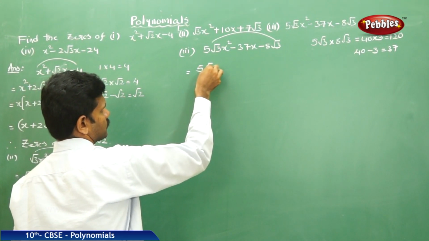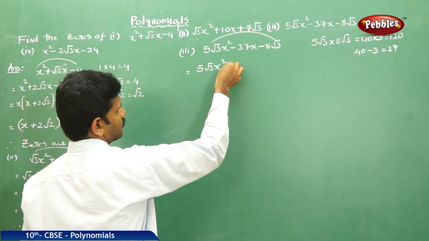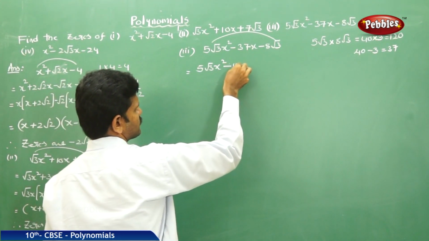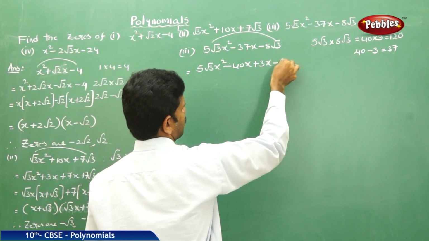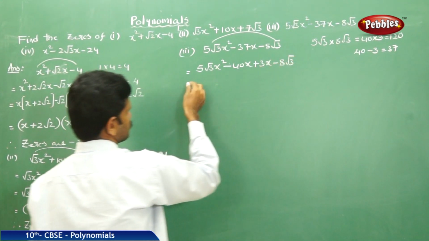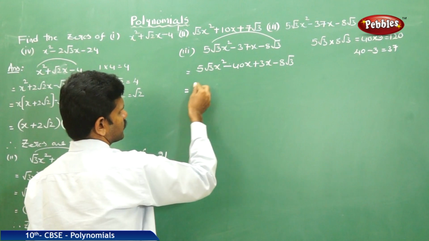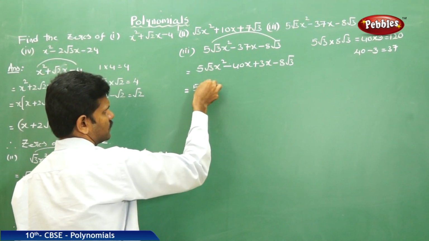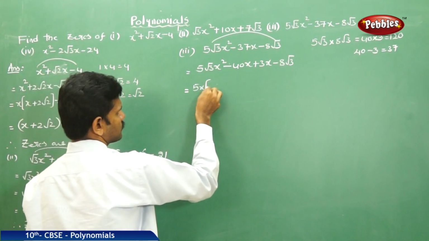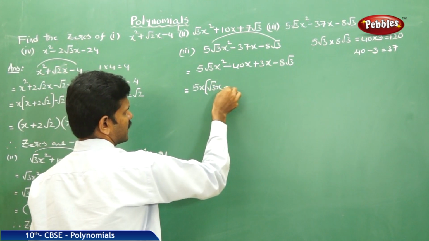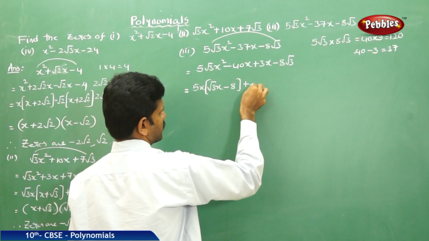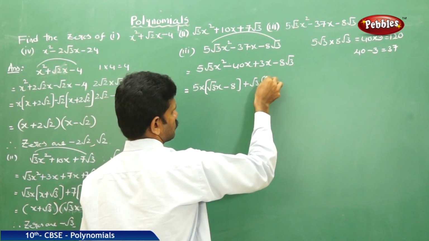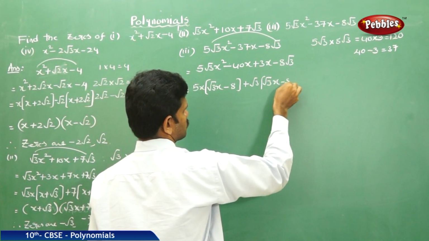5 root 3 x square, next minus 40x plus 3x minus 8 root 3, that is equal to, take 5x common. If you take 5x common, root 3x minus 8, plus, take root 3 common, root 3x minus 8.